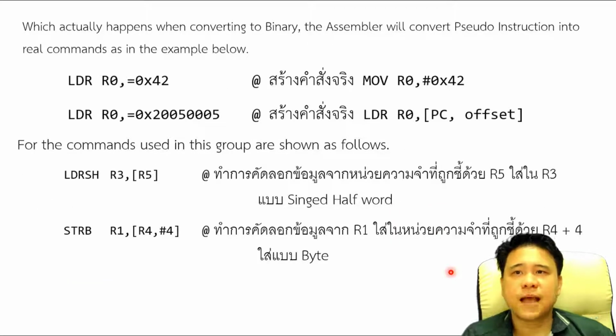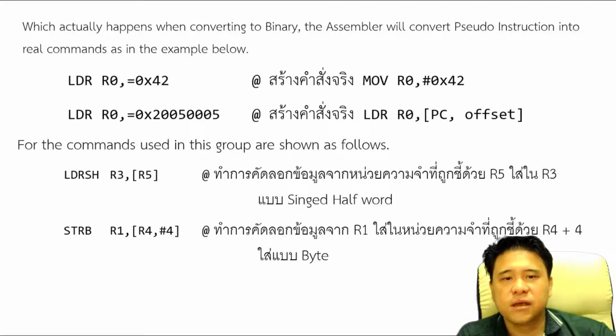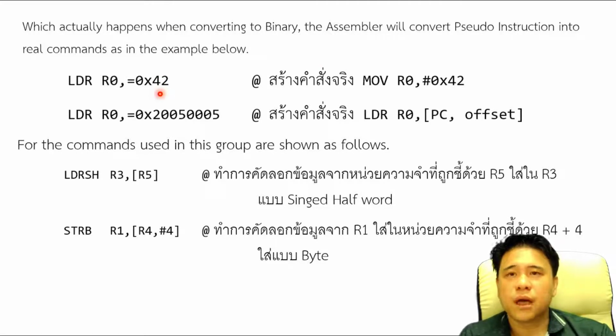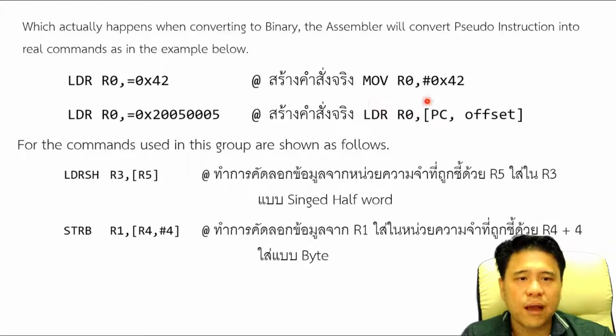Okay, this is an example. If you use LDR R0, equal to 0x42, your assembler, the GNU assembler, will change it to MOV R0 with the constant 0x42, because this one is very short, right?